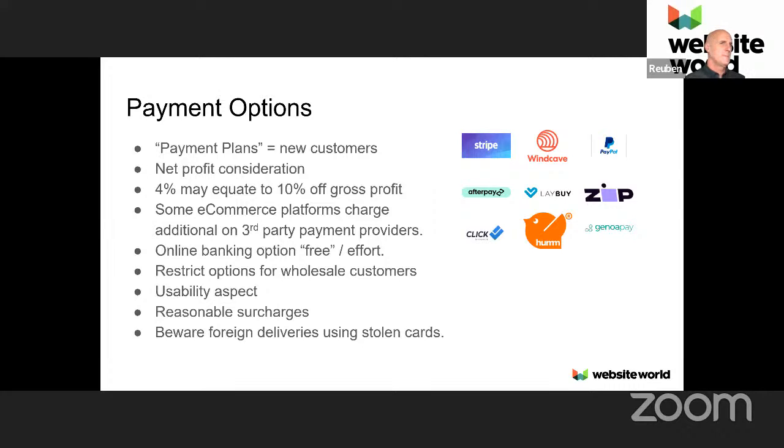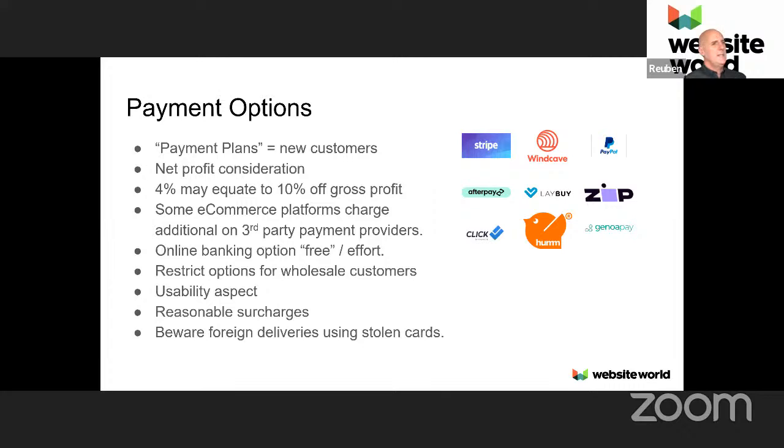So perhaps wholesale customers only pay on account with no credit card deductions, so that you send them an account at the end of the month and they pay that by online banking. Thus, you're not incurring that 3 to 4% or even 5% by the time you've incurred the fixed fees in there. So yeah, you really want that ability to filter those payment options.